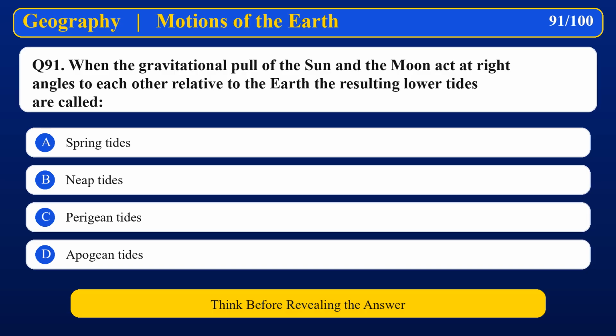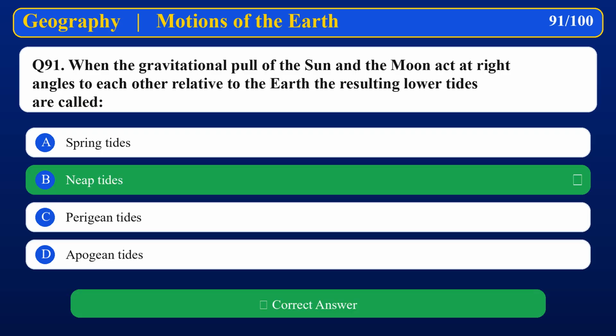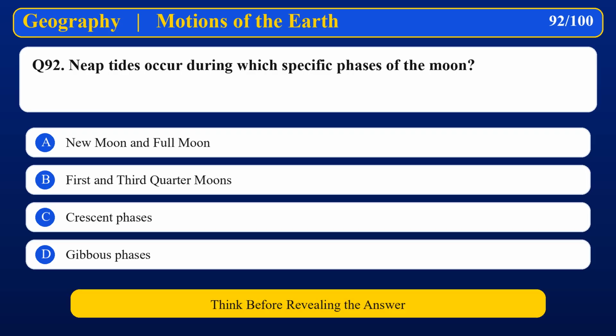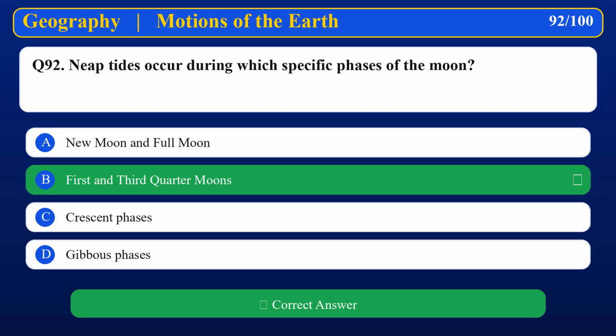When the gravitational pull of the Sun and the Moon act at right angles to each other relative to the Earth, the resulting lower tides are called neap tides. Neap tides occur during which specific phases of the Moon? First and third quarter moons.